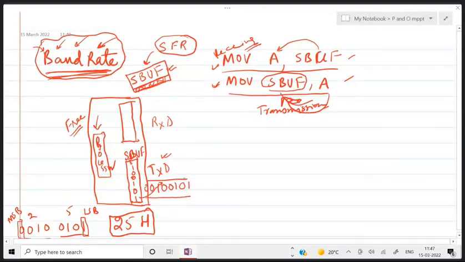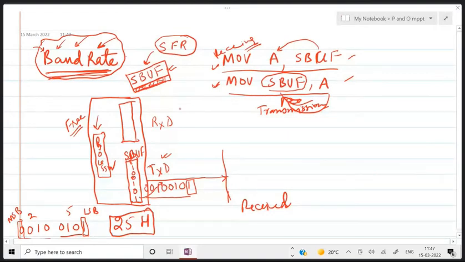Do you understand that? The least significant bit is transmitted first, and definitely it will be received by some receiver here. So this least significant bit will be received by the receiver first.